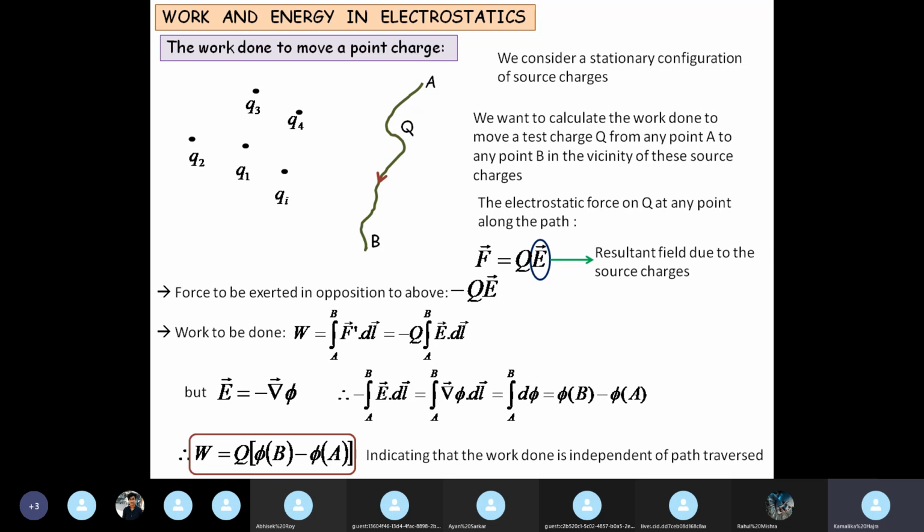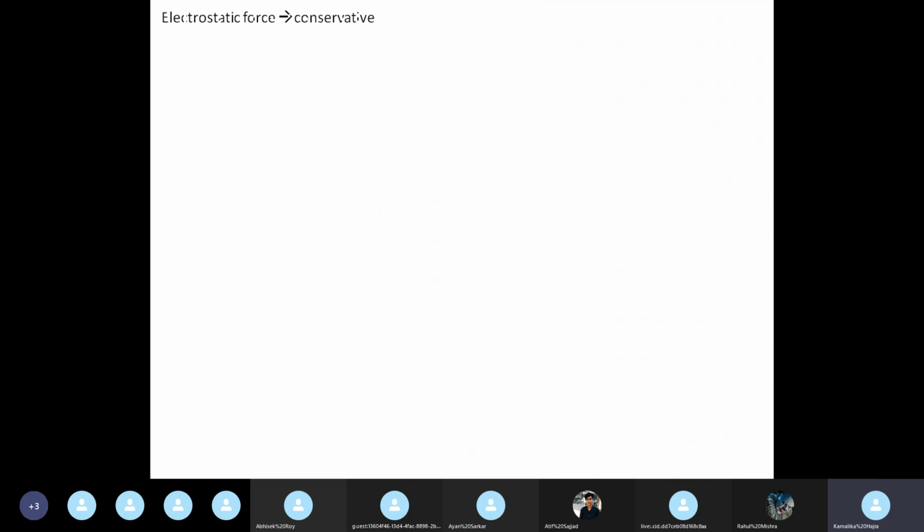We had already learned this, that since the electric field is conservative, the work done under the influence of this electric field is always independent of the path traversed. And here we see that in moving a test charge Q from a point A to a point B, the work that requires to be done is given by Q into potential at B minus potential at A.